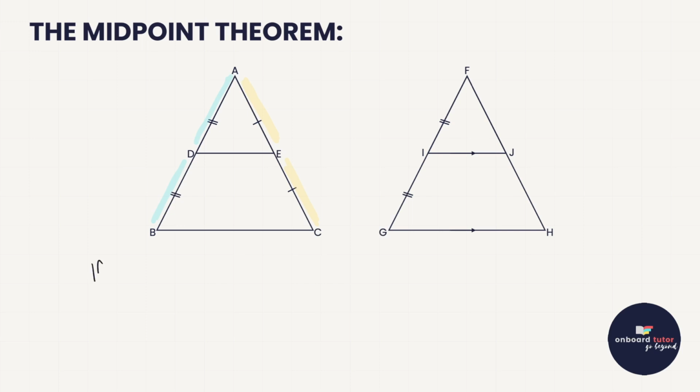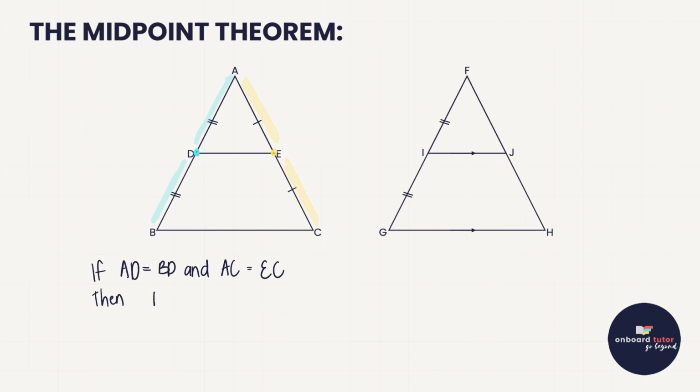If AD is equal to BD and AE is equal to EC, you'll see now where this gets its name from, because essentially this is the midpoint and this is the midpoint of that side. So if that is true, then we may conclude two things.